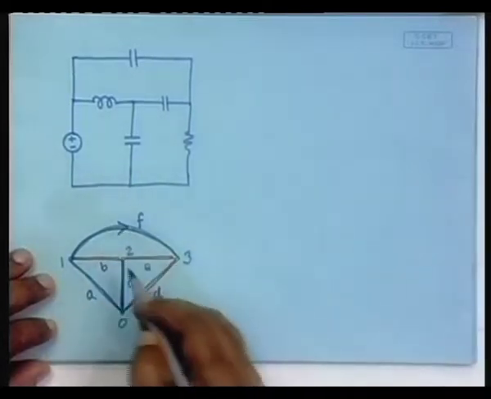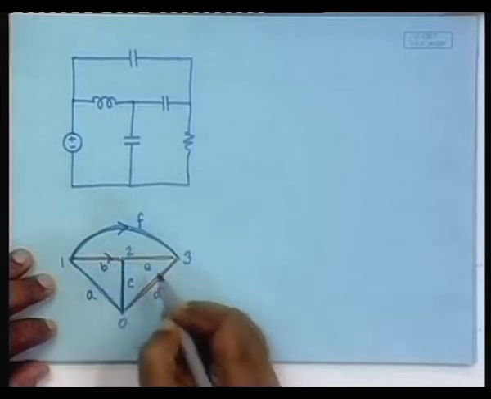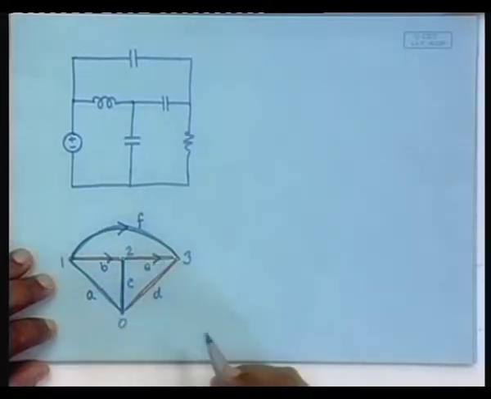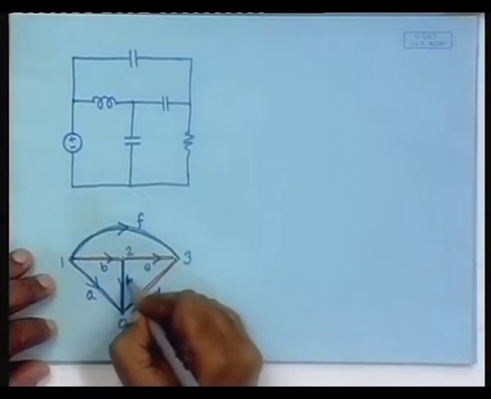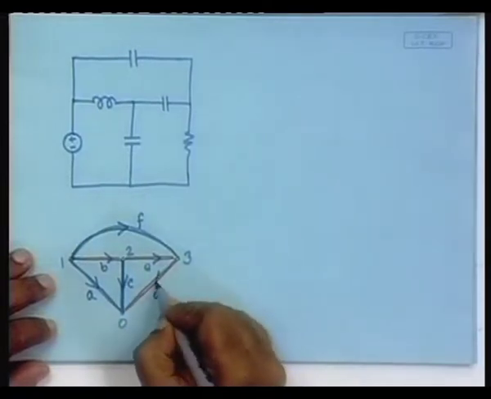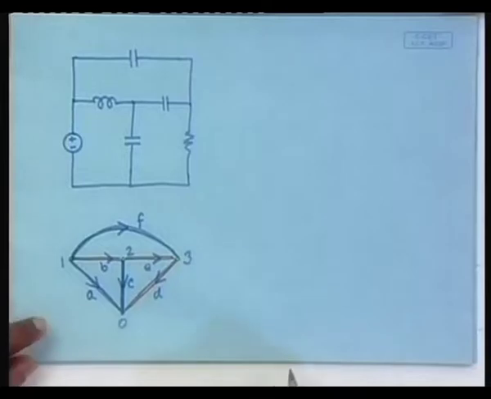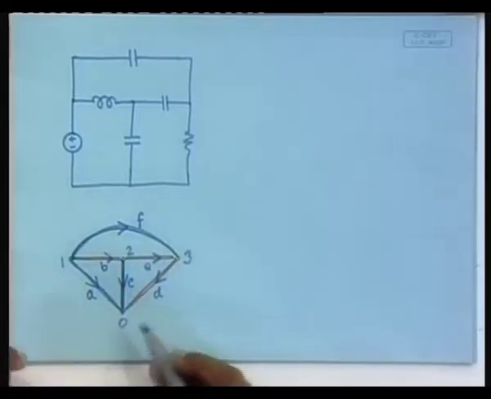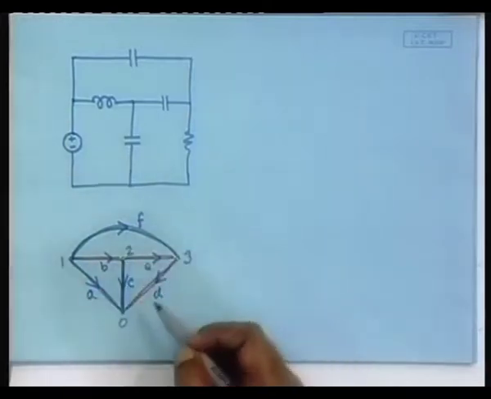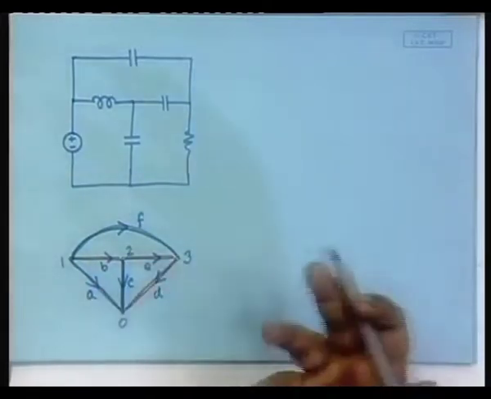Let us give it like this. And as I told you in the last class, these are arbitrarily assigned directions, and whenever the current actually flows in the opposite direction, it will have a negative sign.